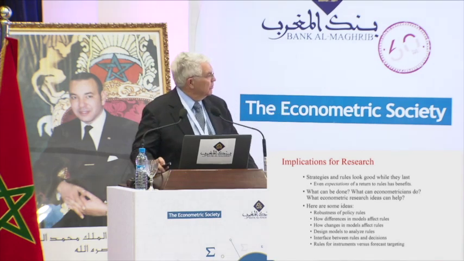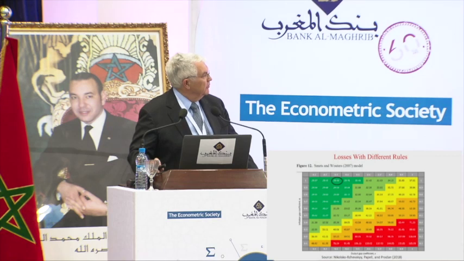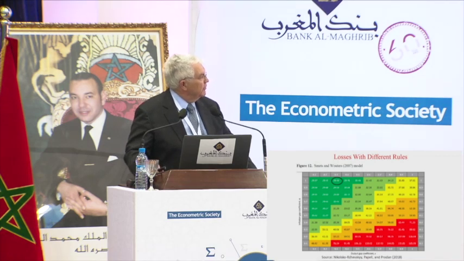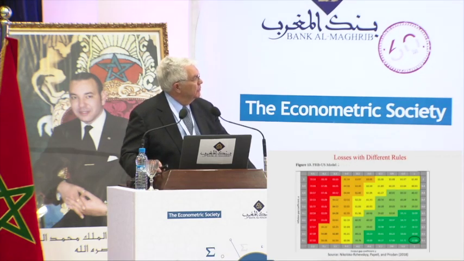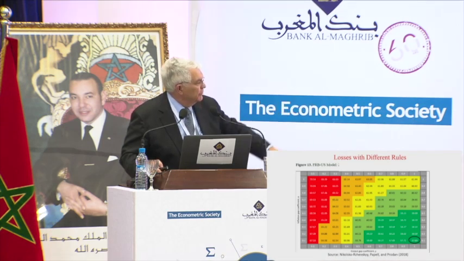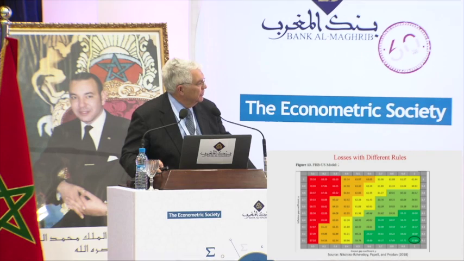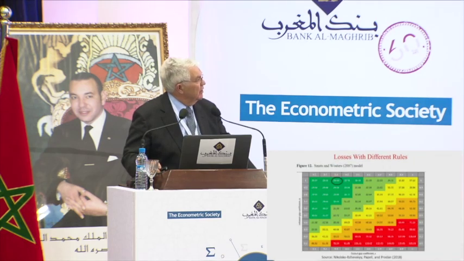Actually, let me just do a quick chart of that. This is the FRB-US model looking at different rules. And the rule that comes out over here is best, is way over on that side. If you take the same kind of model, the Smets-Waters model in Europe, which the ECB uses, you get exactly the opposite.